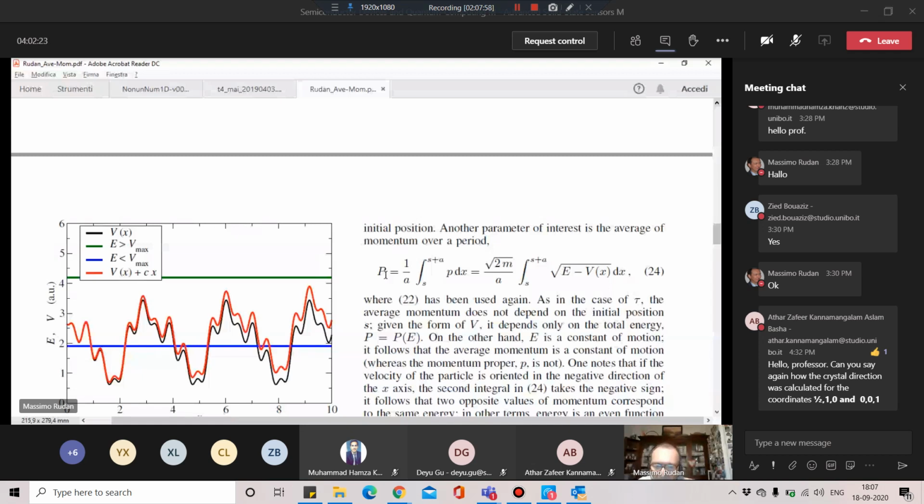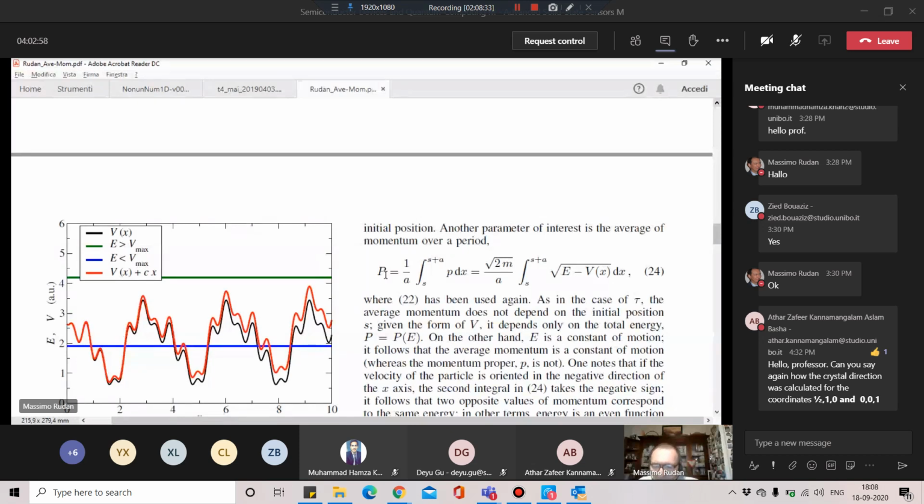So this is the price we have to pay. We eliminate the action of the lattice that acts on the particle with the periodic potential energy, but this action comes back in some sense because the relation between energy and average momentum will not be quadratic anymore. It will be a much more complicated relation, but this is a price that we accept to pay, okay?